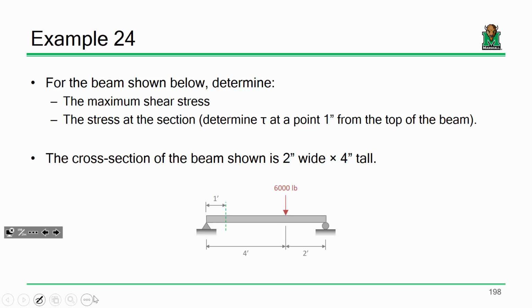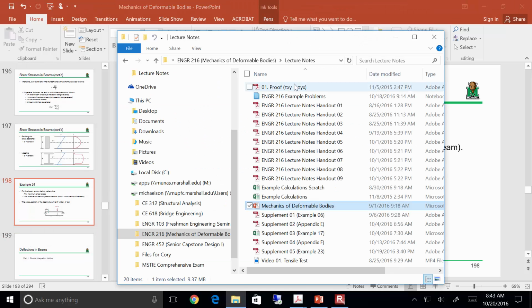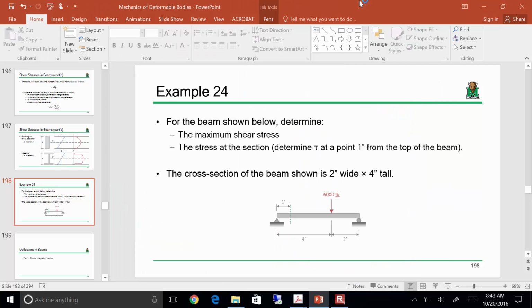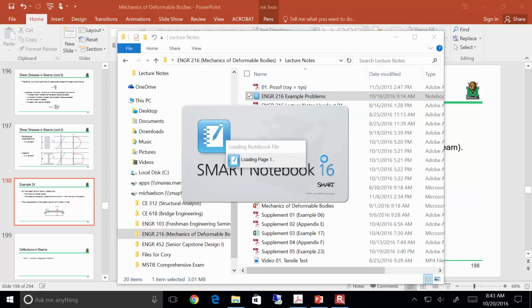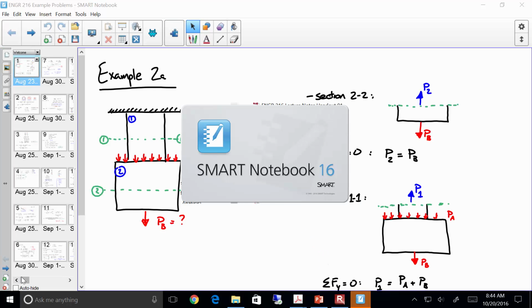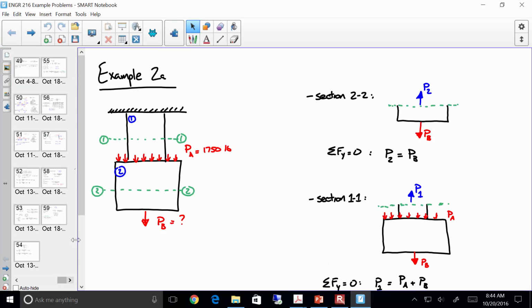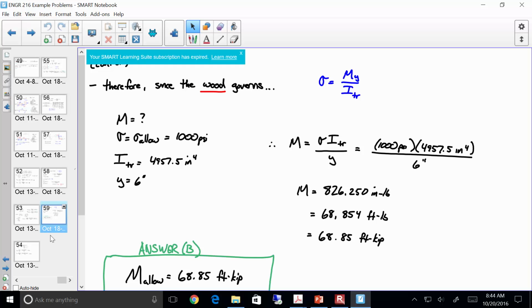Okay. So, might help if I open up my little notebook. Bless you. Oh, I opened it. I promise I did. Can you believe we've done 59 pages of this stuff?